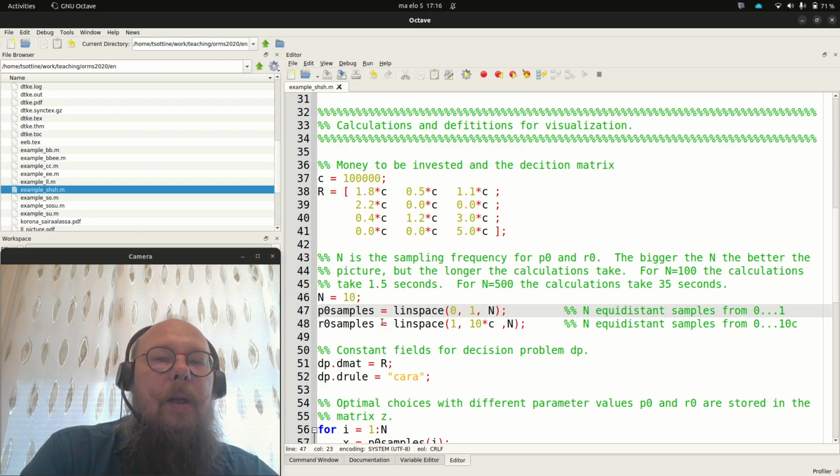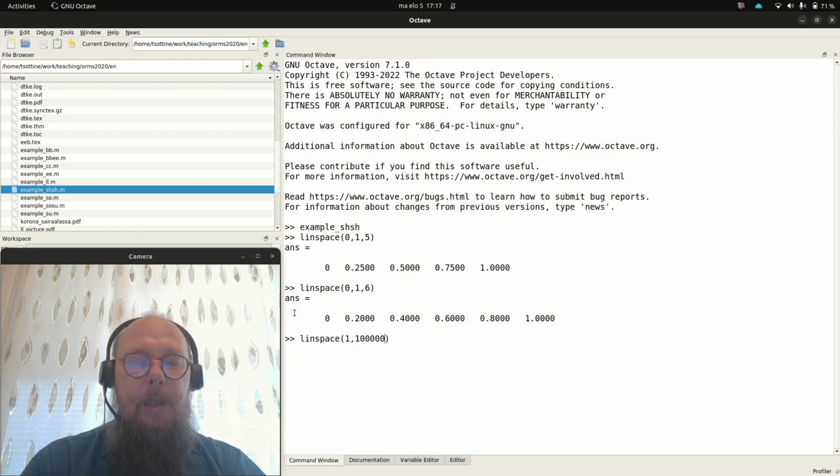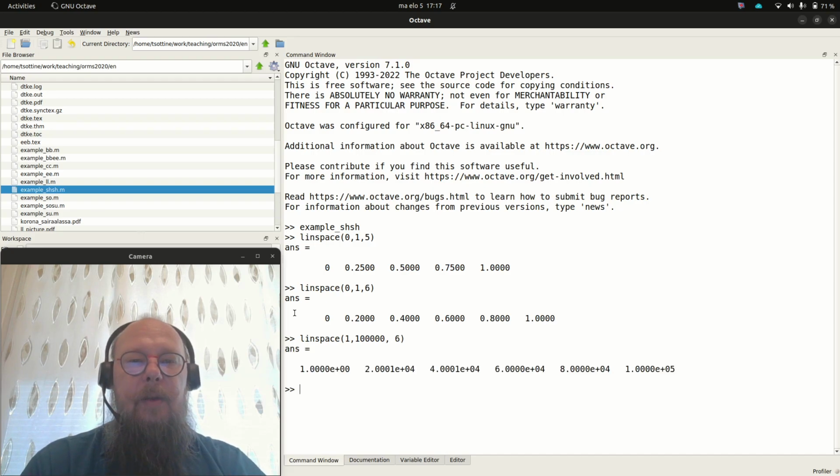R0 is the risk tolerance, so the risk tolerance values are positive numbers, so I take linspace from 1 to 10 times C, which is 1 to a million. So we check the risk tolerance between the values 1 and a million, and we take also N of them. So for example, linspace 1 to a million, and 6 values is like that.